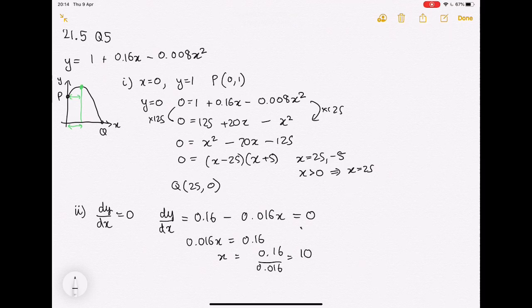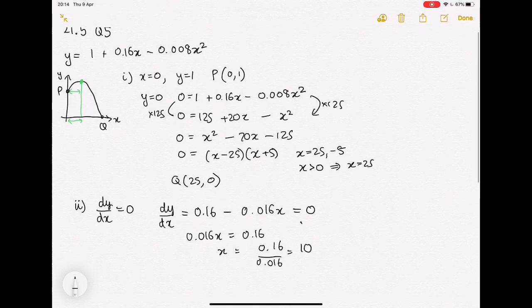And we're asked to show that at this point the height is 1.8. So all we need to know is, when x equals 10, y is equal to 1 plus 0.16 times 10 minus 0.008 times 10 squared, which is 100.